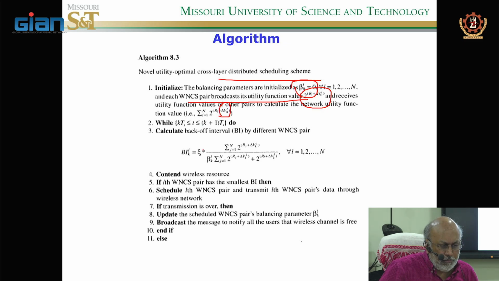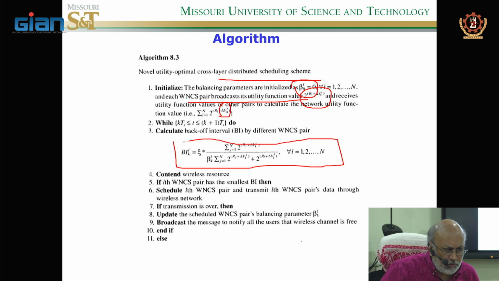Then as time goes, you determine the backoff interval because there are more than one that wants to transmit. And the one that has the highest utility function has the shortest backoff interval, and will be the one given access to that network. So you're contending for the wireless resource, then the smallest backoff interval transmits first.